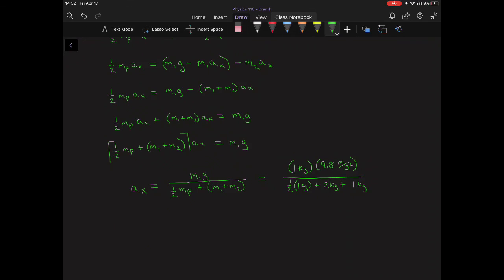And if we step through all of that, what we should find is that our acceleration is going to be equal to 2.45 meters per second squared.